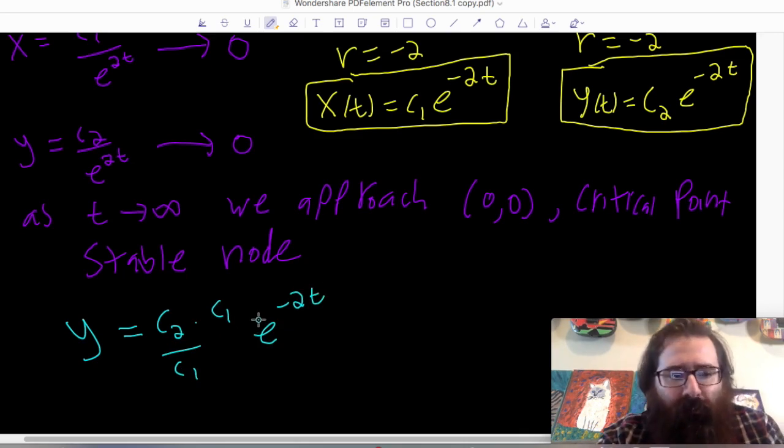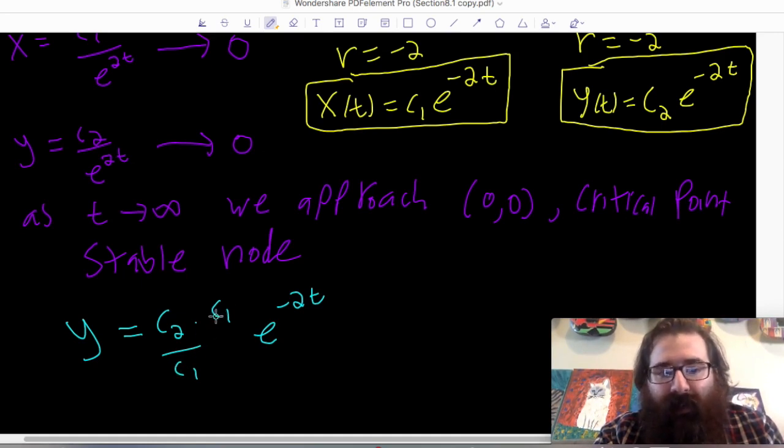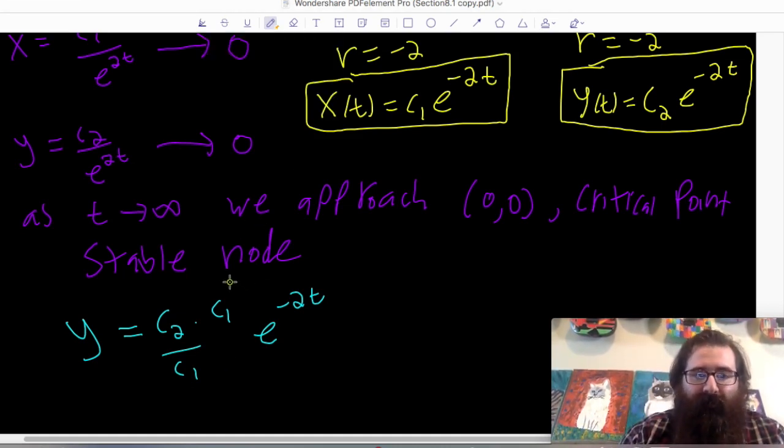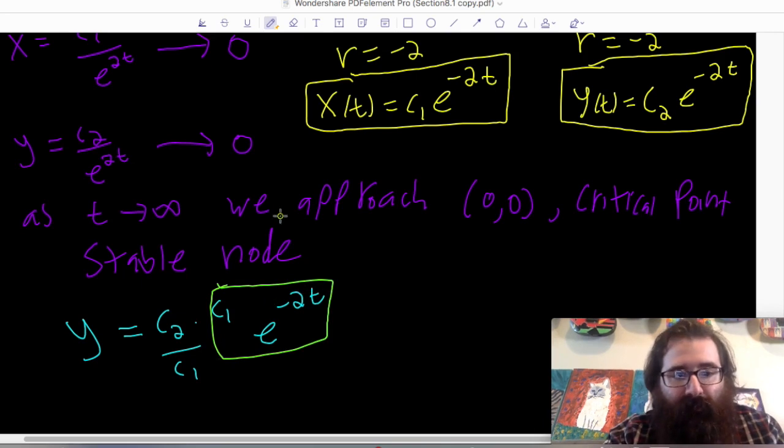You'll notice that I wrote this in a very telling way. C sub 1 divided by c sub 1 would just cancel, but notice I put c sub 1 next to the exponential function, and the divided by c sub 1 right under c sub 2, so that we can really notice that we have some mention of x. Right? X is c sub 1 times e to the minus 2t.